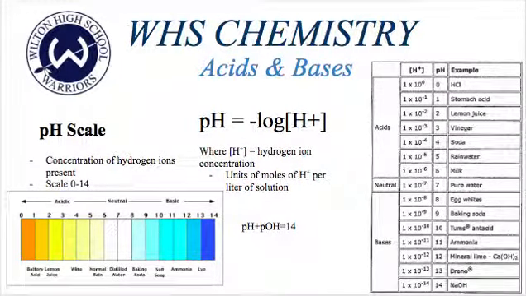The pH is here, and then it's showing the concentration of H plus ions, and it's showing the relationship between the two, and how if you were to take the negative log of this, you would get the pH, and then it's showing you an example of each of them. Another key point is that pH plus pOH is equal to 14.